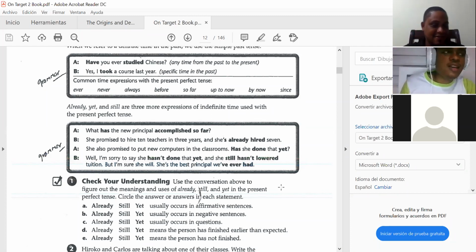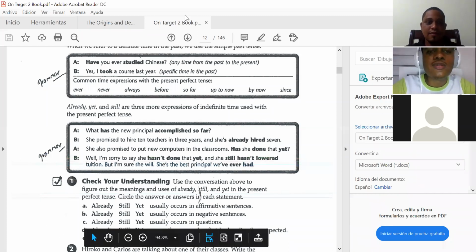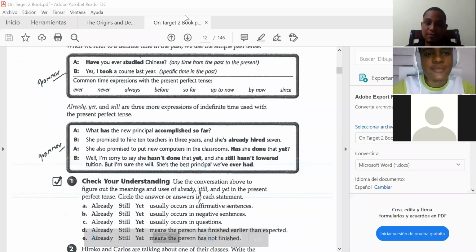The simple past first is an action that you did in the past and you concluded in the past. And present perfect is an action that you start in the past and you continue in the present.